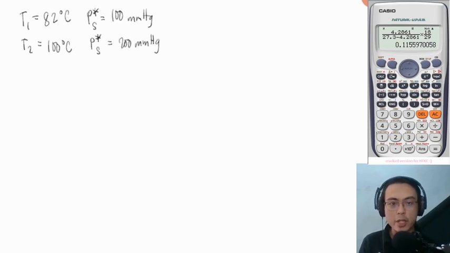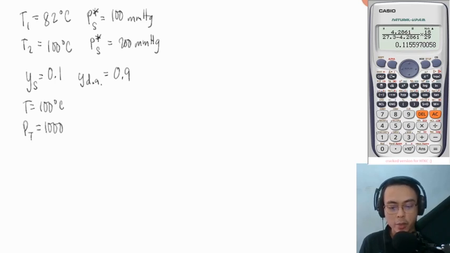Your gas consists of mole fraction of styrene, 10%, that's 0.1, and then mole fraction of dry air as 0.9. Your current temperature is 100 degrees Celsius. Current total pressure is 1000 millimeters mercury.